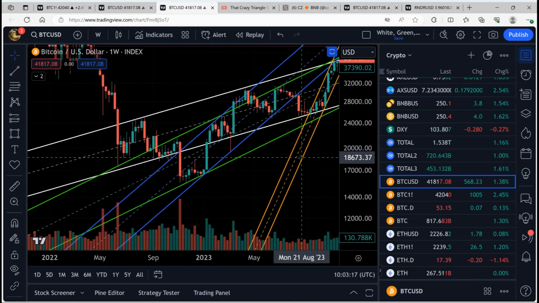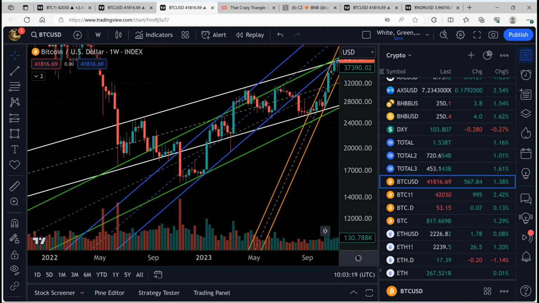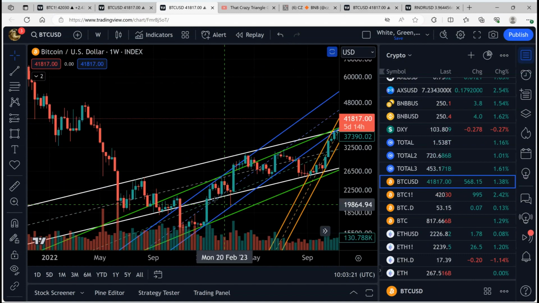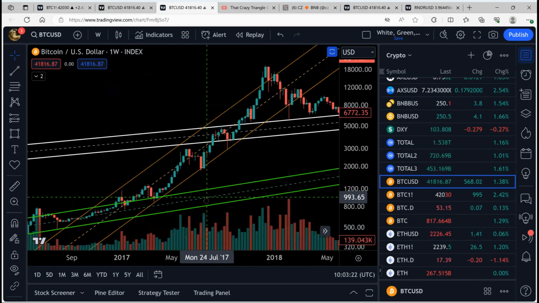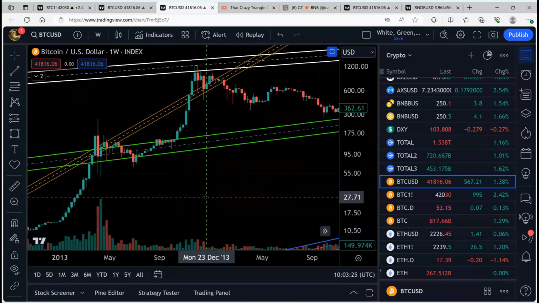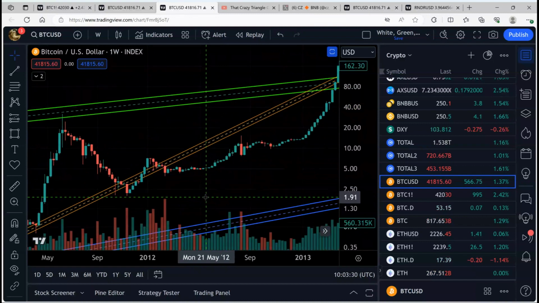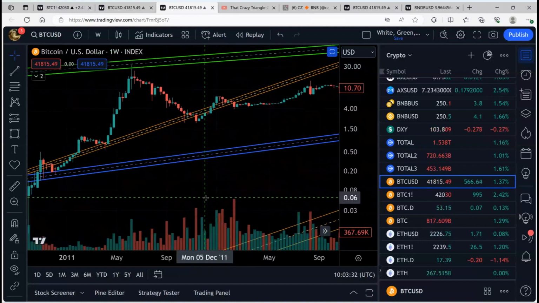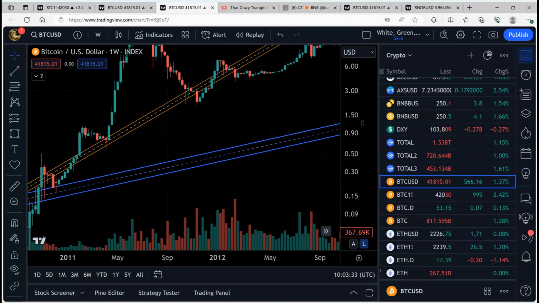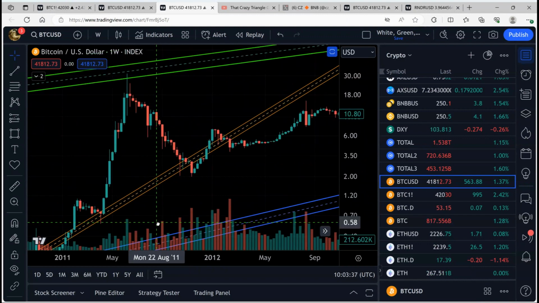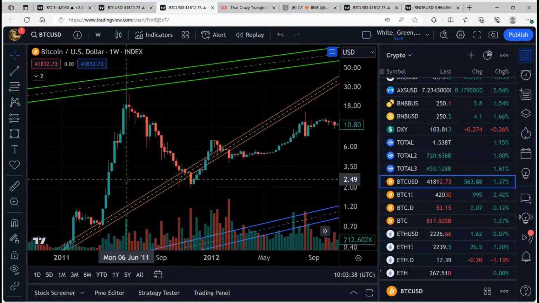Now let's do the green channel. Go back to this guy and go way back in time. Now the green channel goes back further a little bit. Oh, here we go. The center line of the green channel hits our top in 2011, June of 2011.